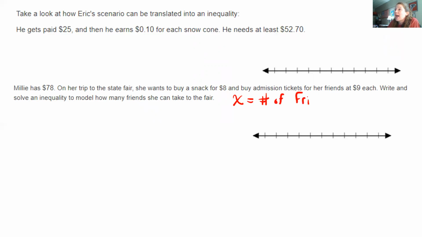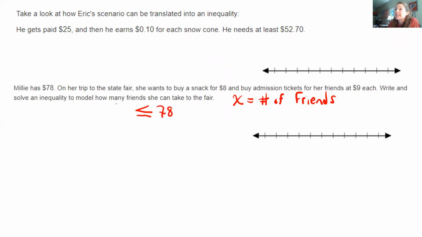So if you have $78, can you spend $78? Can you spend more than $78? Can you spend less than $78? Yes. So the amount of money she spends has to be less than, or it could be equal to, how much money she has, right?